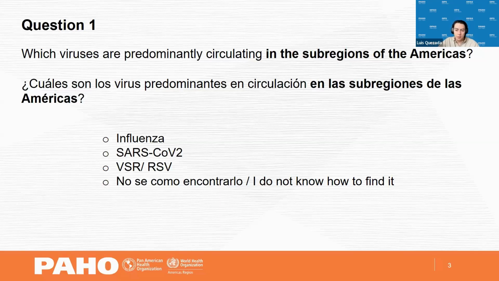We can also think about where in the dashboard we can find a summary of the current situation. Okay, a couple of minutes to answer this question.